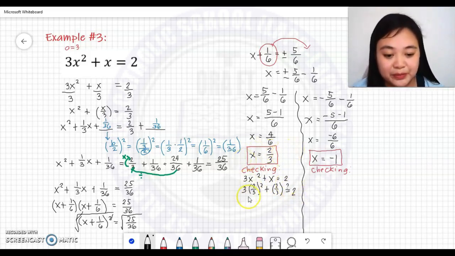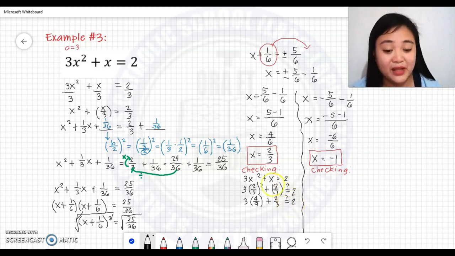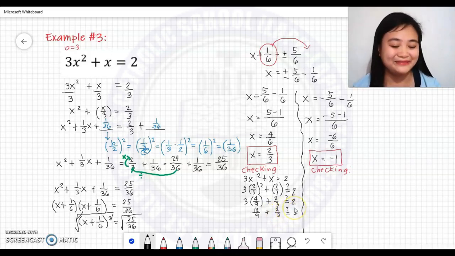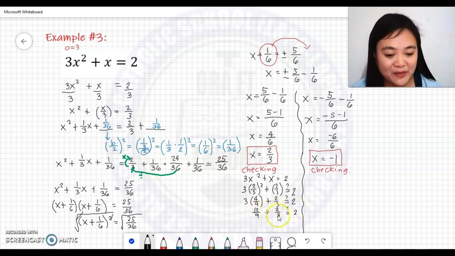It will become 4 over 9 plus 2 over 3, is it equal to 2? Okay, then it will become 12 over 9 plus 2 over 3, is it equal to 2? Okay, now we're going to add them together.